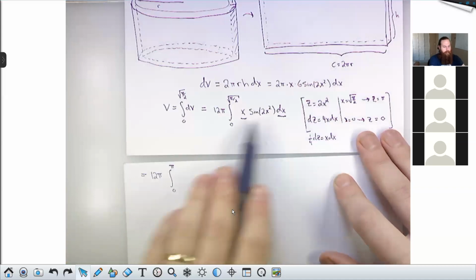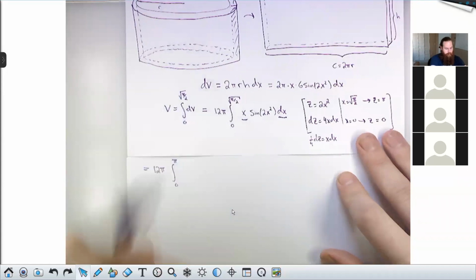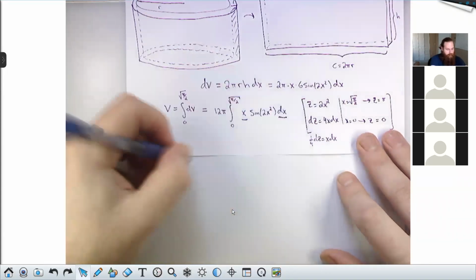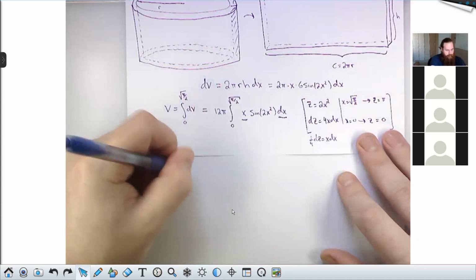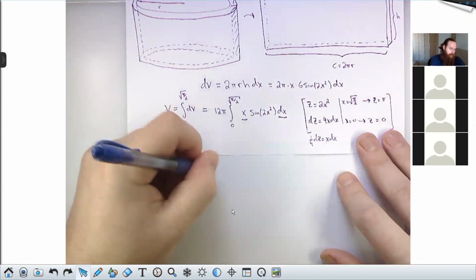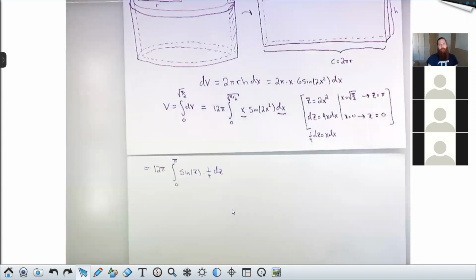So the two underlined pieces here will make 1/4 of dz. And then the sine of 2x squared is the sine of z. So this will be the sine of z times 1/4 dz. Is everybody comfortable with that substitution? Let's take a minute there and make sure we're all good.